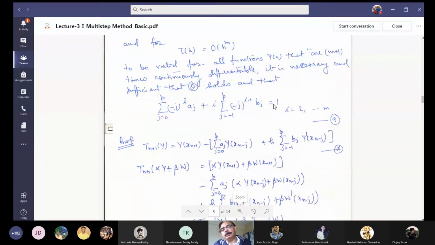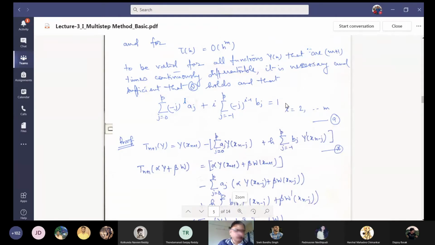This must be equal to 1, right? So these two conditions are there. So either you remember this, or you just simply write down the Taylor expansion and proceed further.